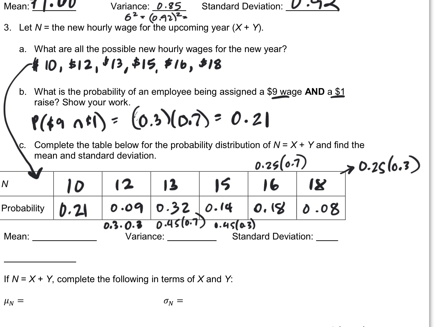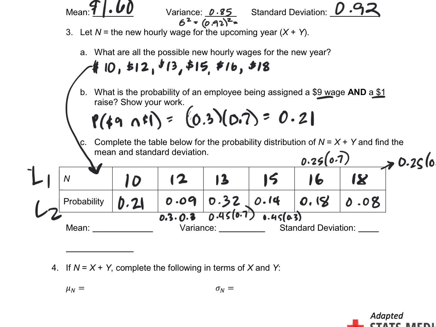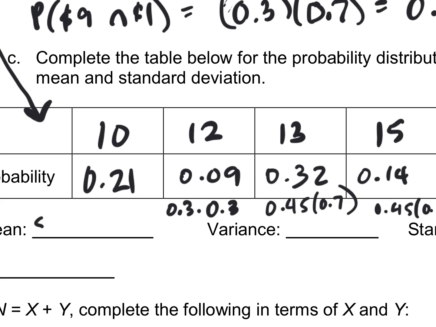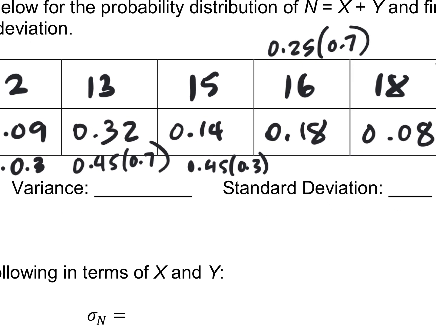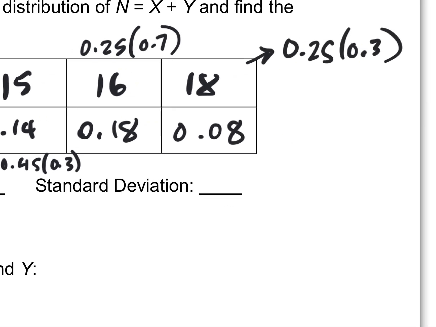Okay, stat calc. $13.49. Standard deviation is 2.41.